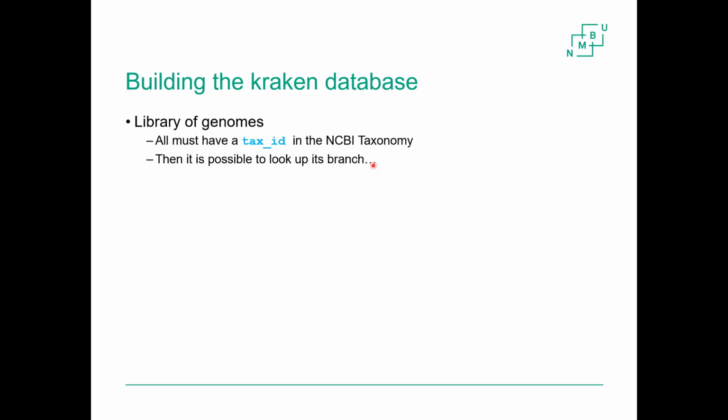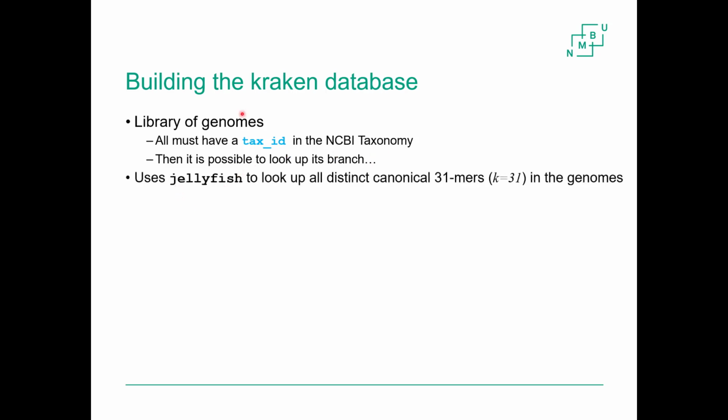We do it in R with some functions that I made. But in principle, this is also what Kraken is doing. Once you have a tax ID, look up its branch, meaning all the ancestors above, right? In the taxonomy. Then also the Kraken software uses Jellyfish that we also used back in, I think it was module 2 or 3 or something.